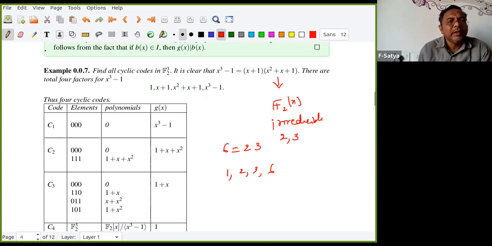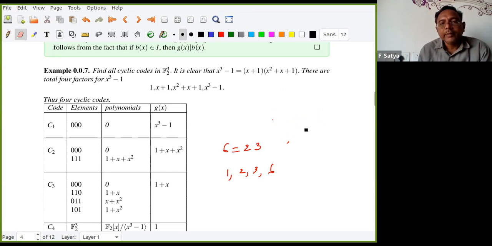Any doubt here? Now, what does the previous theorem say? Linear codes correspond to the divisors. How many divisors are there? 4 divisors. So 4 linear codes will come.